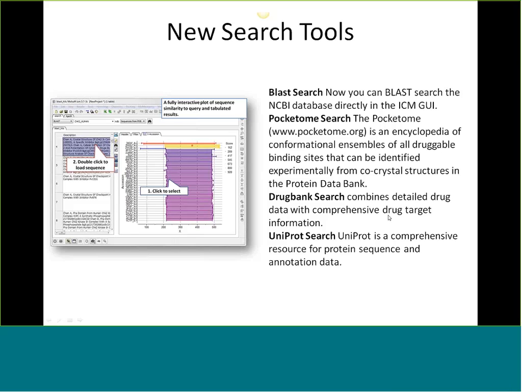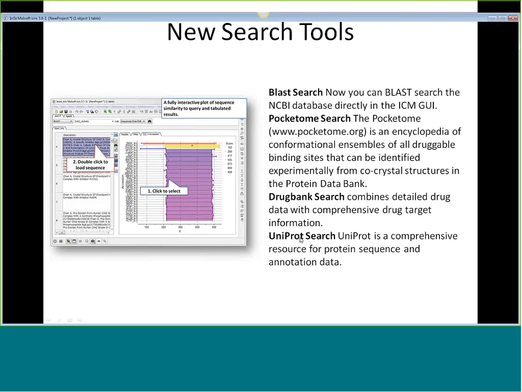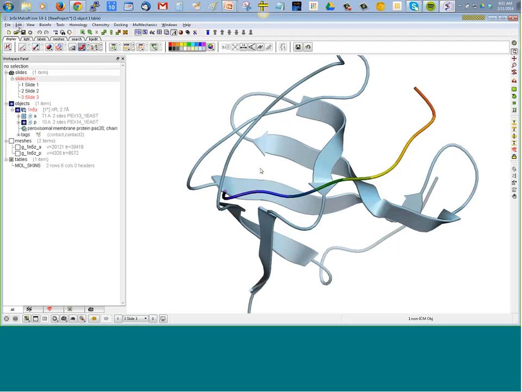to do this, I'm just going to delete everything. You go to the Search tab, and we start with searching the Pocketome. So we click and hold here, and we choose the option Pocketome. Then you can search in different ways. You can search by PDB code. I'm just going to use protein name.